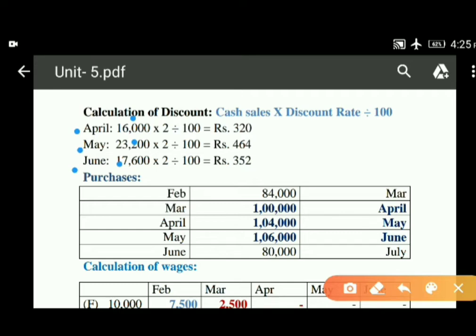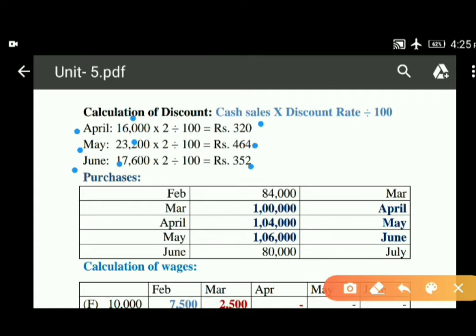So here 2% on 16,000, that is 320 rupees as a discount. In May, 23,200 into 2 divided by 100 equals 464 as a discount. And next in June, 17,600 into 2 divided by 100 equals 352 rupees discount.